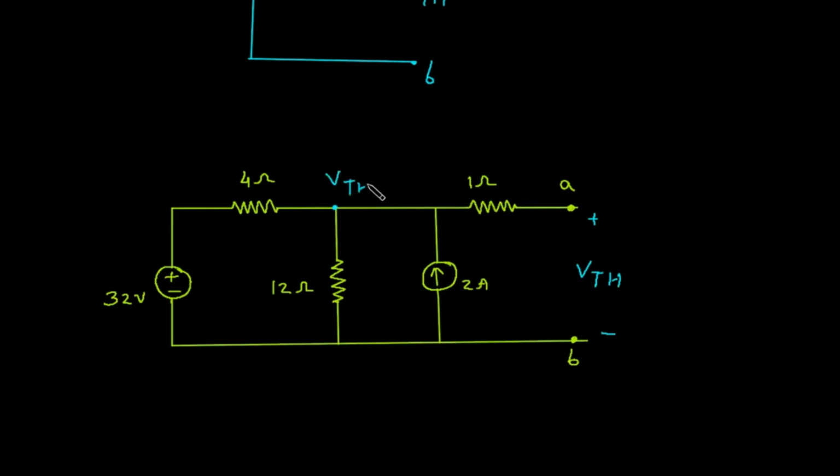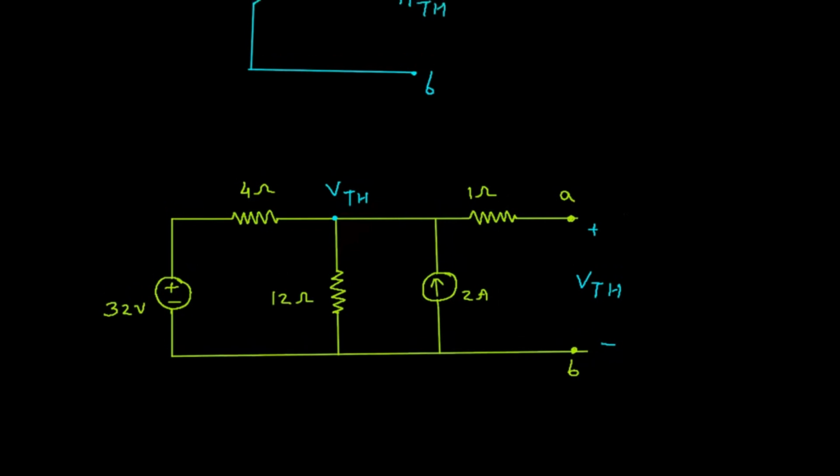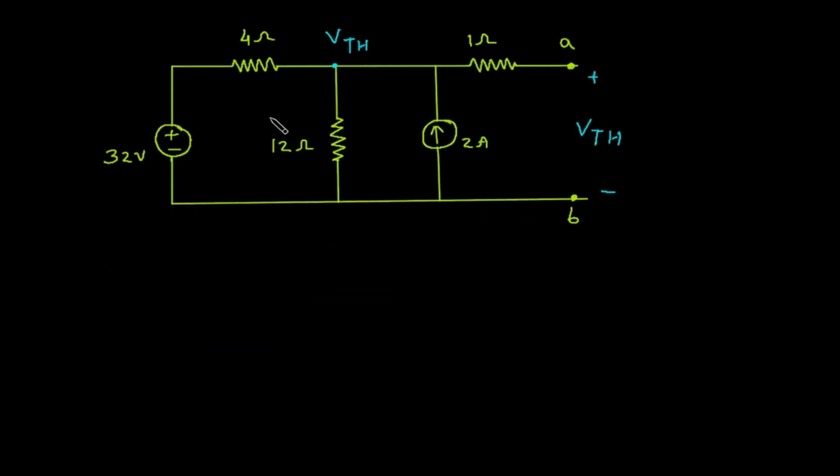To find VTH, let's say this is loop number 1 with current I1, and this is loop number 2 with current I2. Or directly we will apply nodal analysis. So let's say this is node number A, or node number 1.